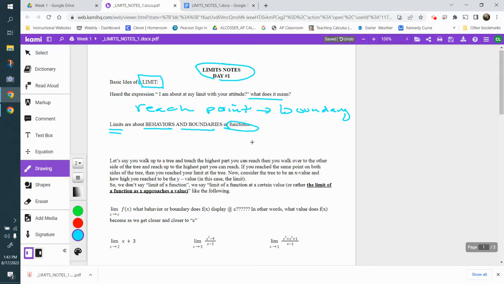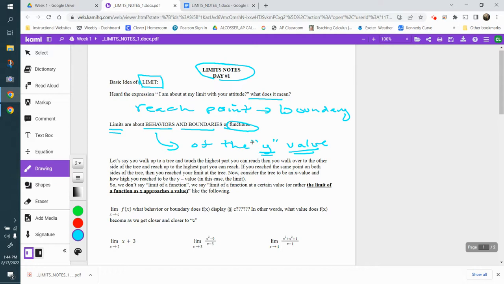What we're going to find out here is that it's the behavior of the y value for this unit, as it approaches a specific x value.